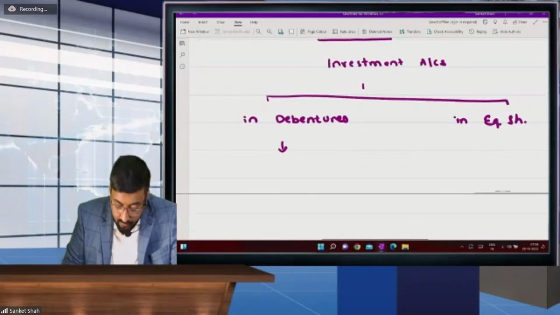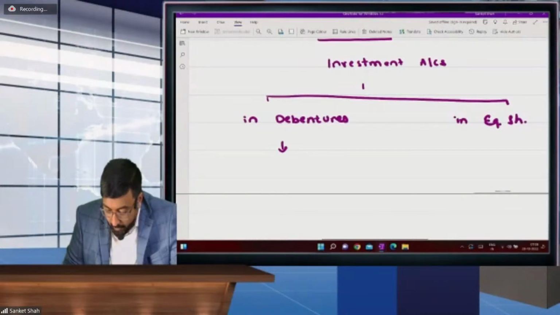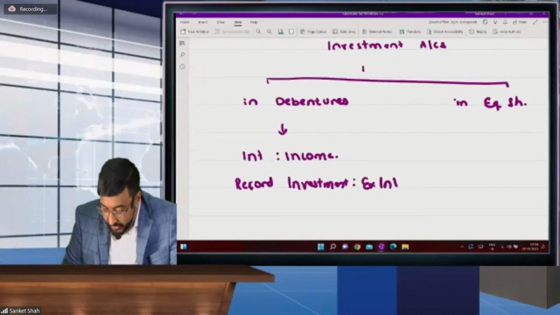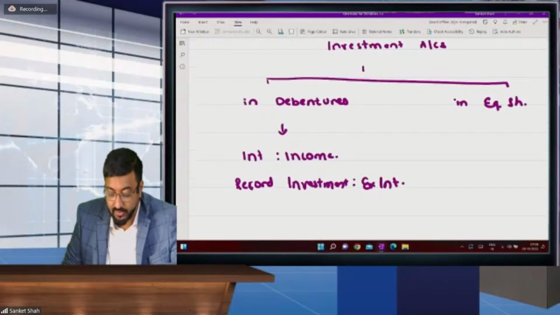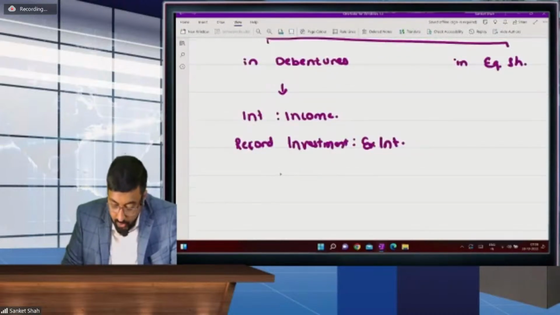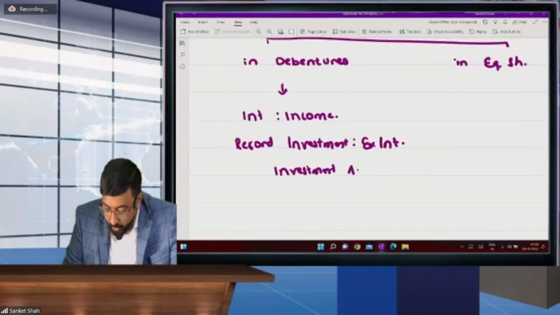Understand, the investor will get interest income and record the investment at ex-interest. So here the target is that your whole investment amount will be divided in two parts.